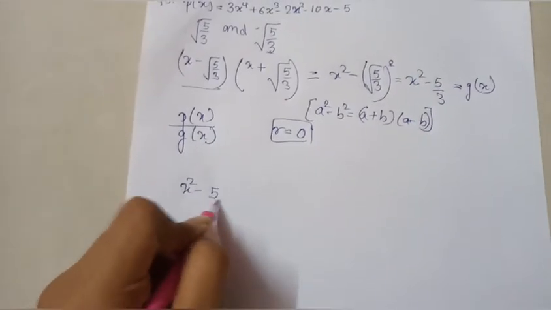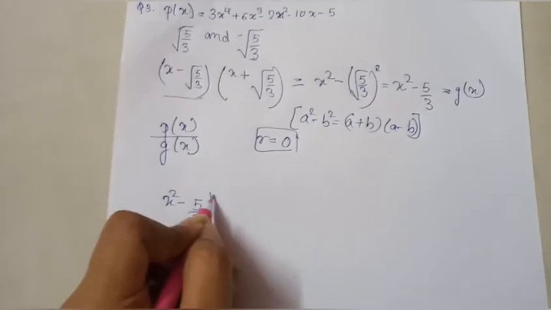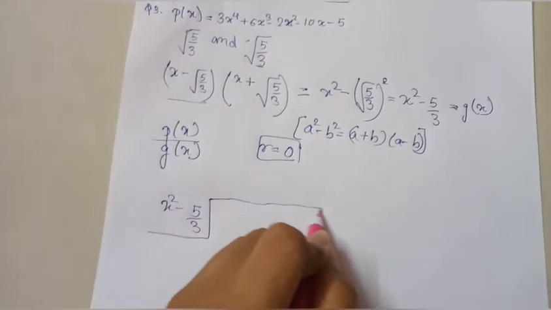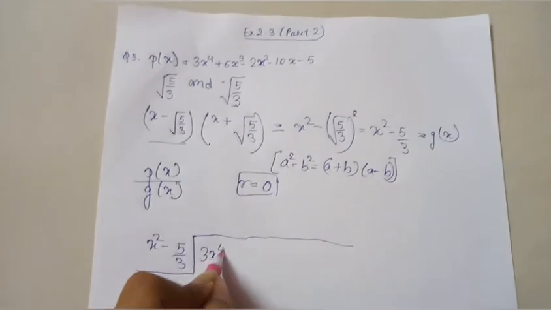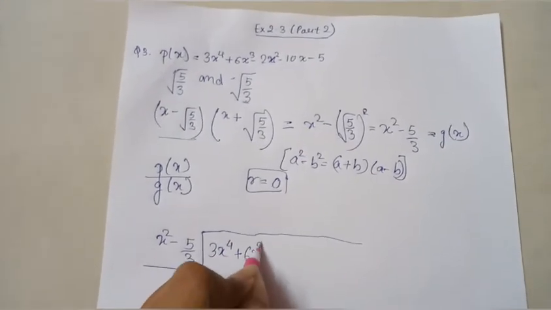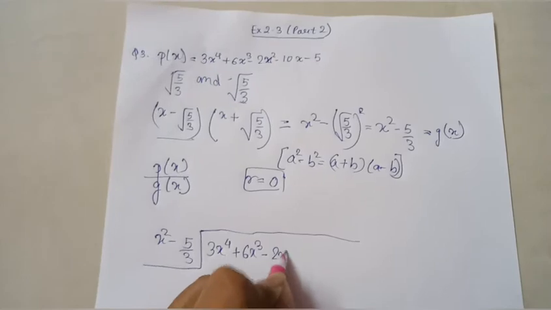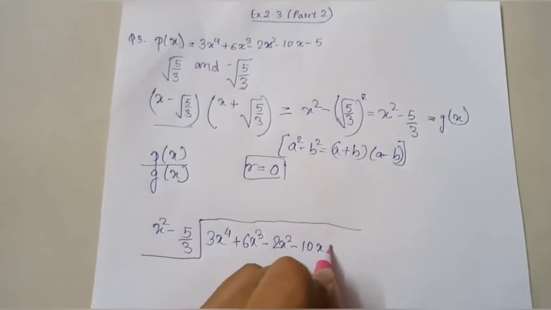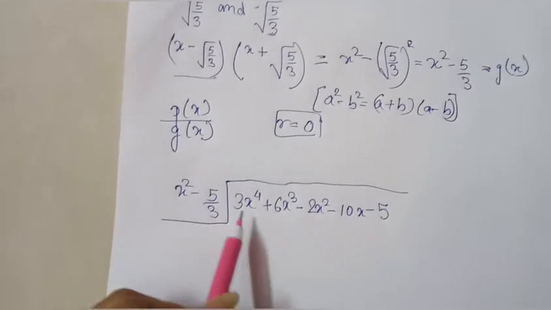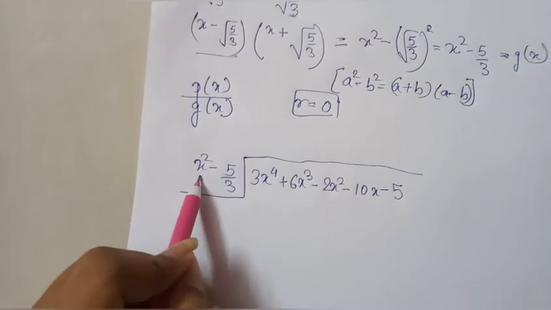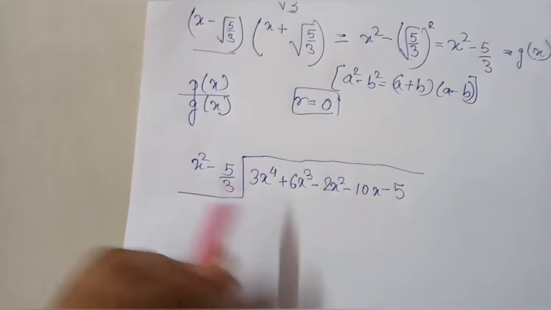x square minus 5 upon 3, and we'll write the polynomial: 3x^4 + 6x^3 - 2x^2 - 10x - 5. Now let's start the division. It is written x square. What do we need for 3x^4?